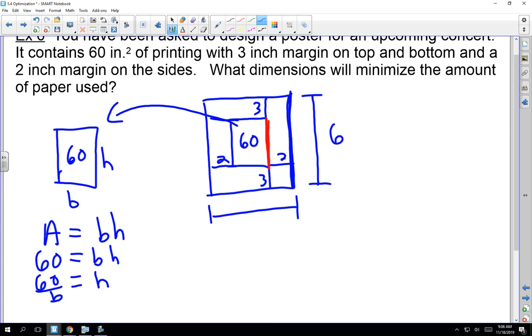So it's 60 over b plus 6. And then the other dimension down here, this was b, this was 60 over b, and so down here it's going to be b plus 4.